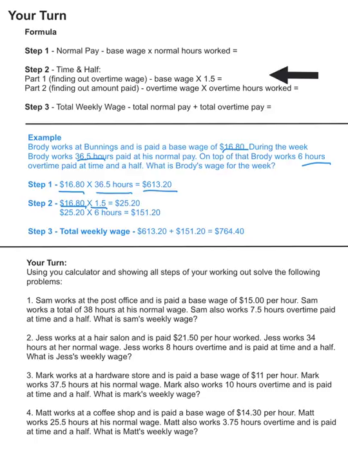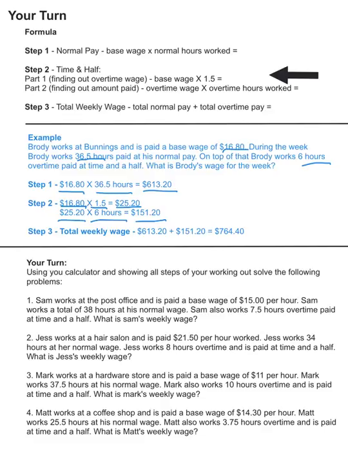This tells us that Brody's hourly wage at time and a half is $25.20. So the second step is finding out how much Brody earns at time and a half. To do this, we get his overtime rate of $25.20, and we times that by the 6 hours of overtime that he works. This gives us a total of $151.20.